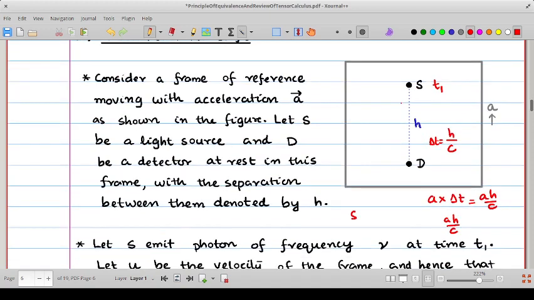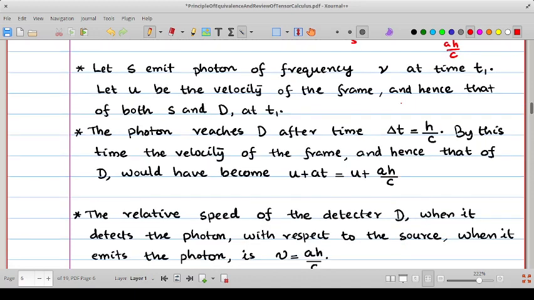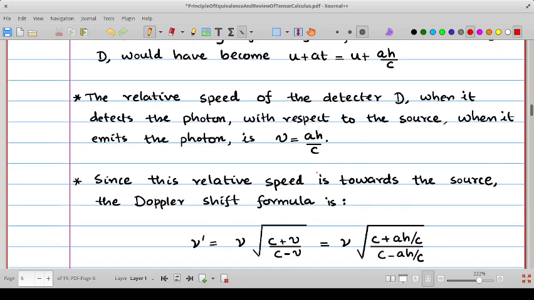So we have a situation that we considered earlier. The source and the detector are moving towards each other, and the relative velocity between them is given by v equal to ah by c, because this is the extra velocity that the detector achieved over the velocity of S when it emitted the photon.